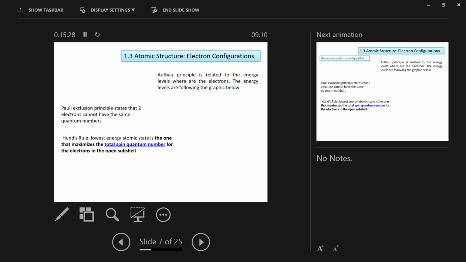And then we can talk about electron configurations. We can define 2 rules. One is the Aufbau principle, which is related to the energy levels, where the electrons are. The energy levels follow the graphic below.